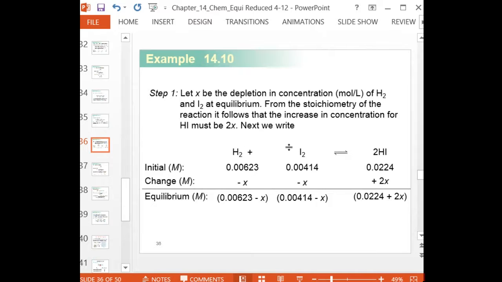H2, I2 and 2HI, the same reaction, but the values are given here. We consider the change minus x, and this becomes 2x, but here the equilibrium is different now. This is minus x, this is 0.0224 plus 2x, because this concentration is already given here. Is it clear? Because this will be added here.